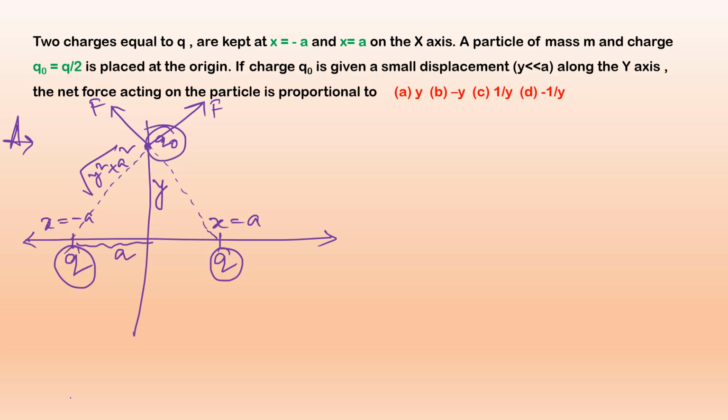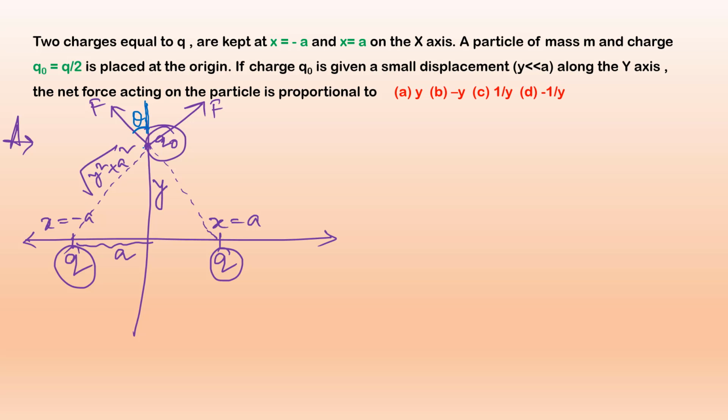So in this case, we have to break their components so that we can find the total force. As you can see here, there is an angle with respect to the y-axis. We can say that there is an angle of theta acting here.